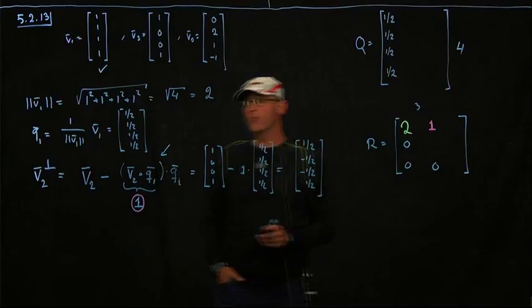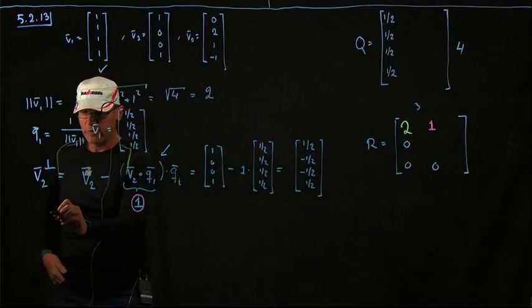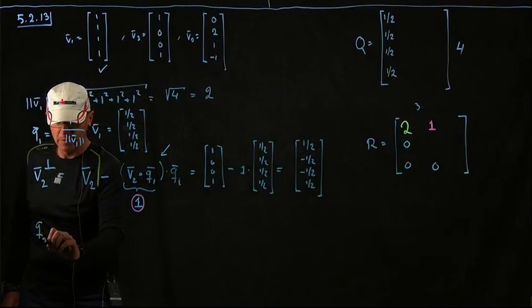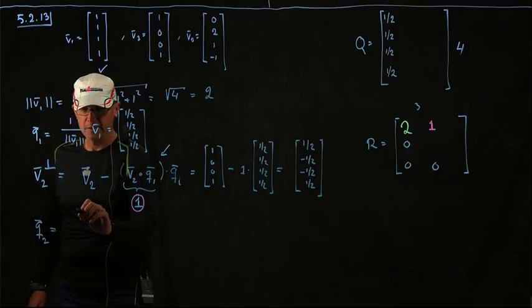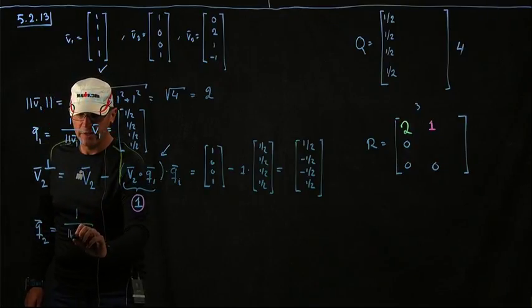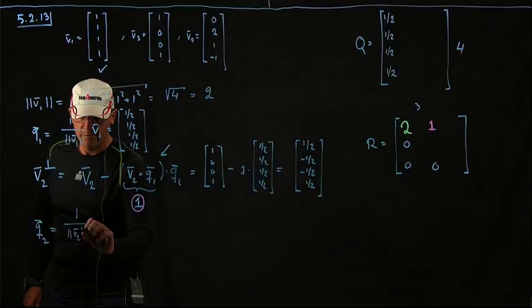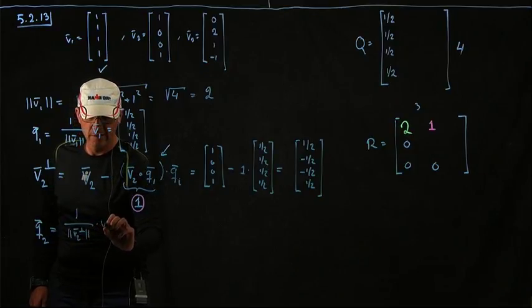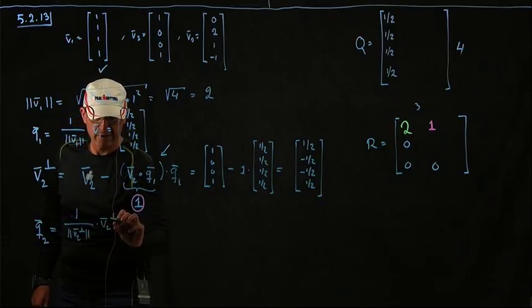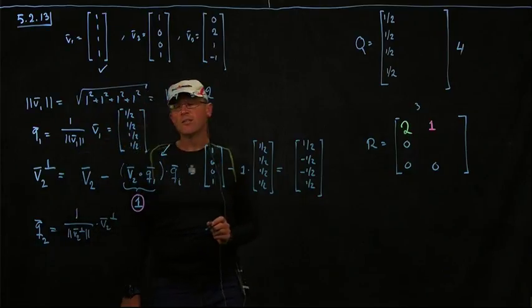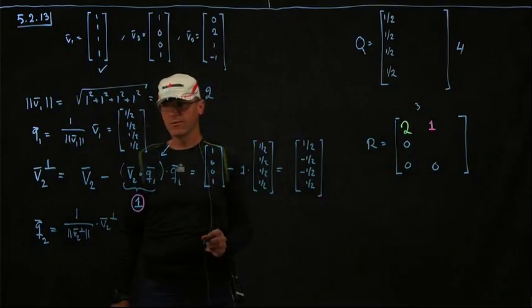So what we want is to generate Q2. That is 1 over the length of V2 perpendicular times V2 perpendicular. So we have to compute the length.